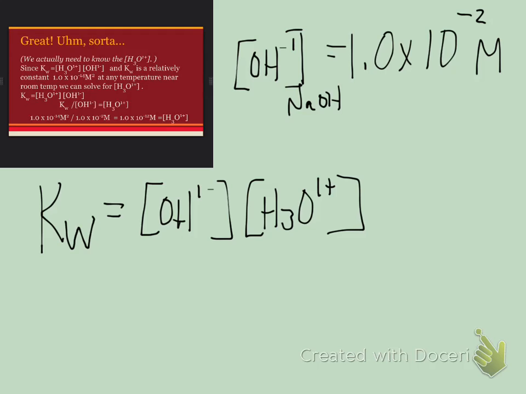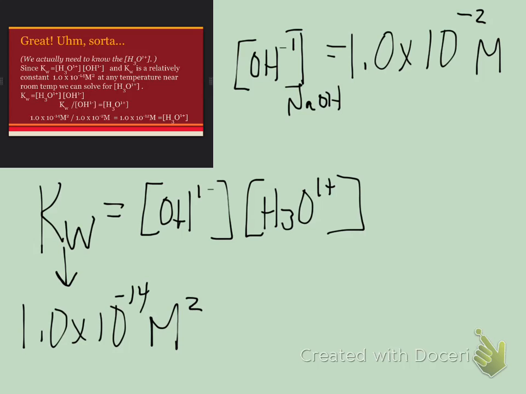For any aqueous solution at around room temperature, this has a value of 1.0 times 10 to the negative 14th molar squared, so that's mole squared over liter squared. Now we can use algebra. Since we know this and we know this, we can use this equation to solve for hydronium. That's pretty easy, don't you think?